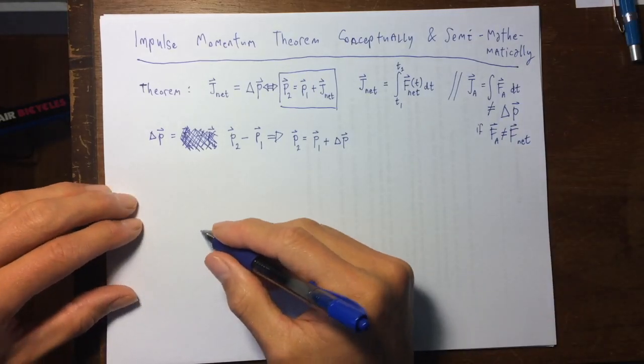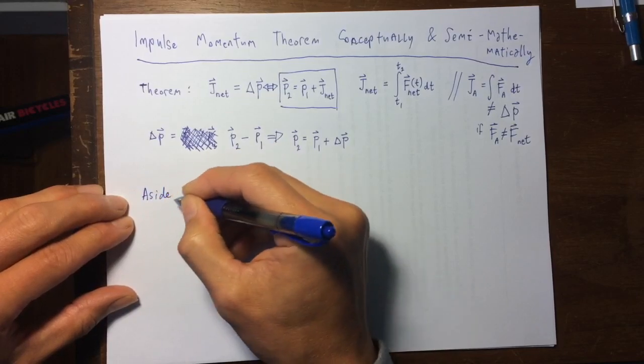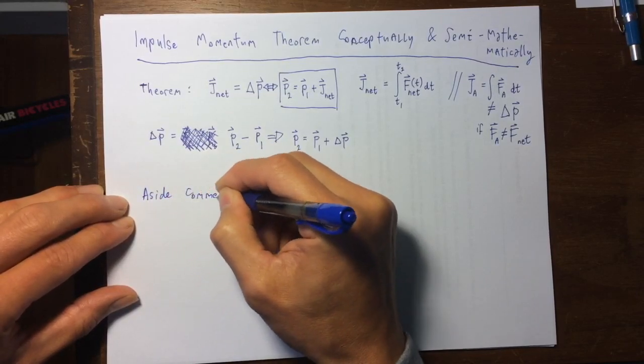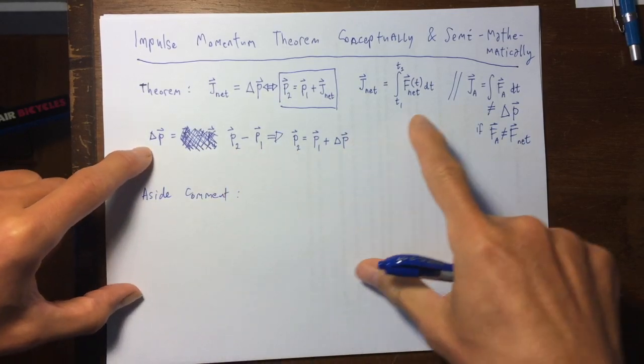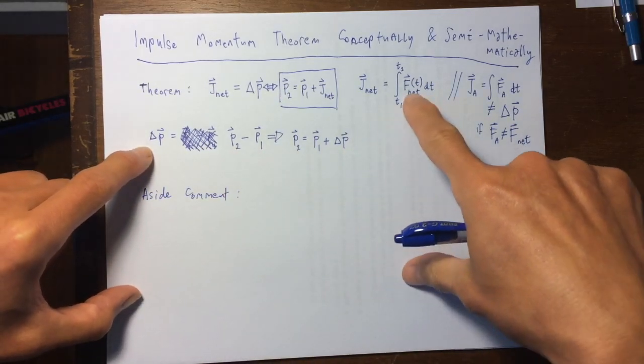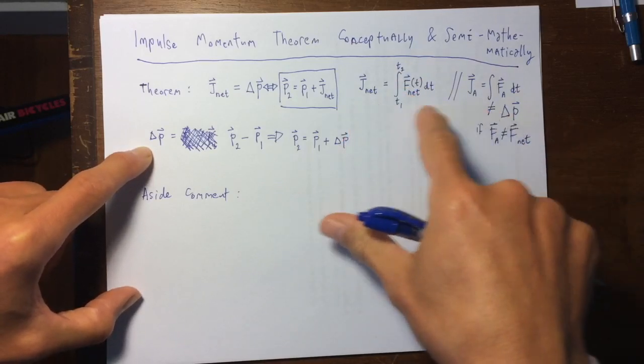Okay, next thing I would like to, just as a small aside comment: it's hard to think in terms of vectors and think in terms of an integral of a particular function that may be a complicated vector function of time. This is all sort of complicated.